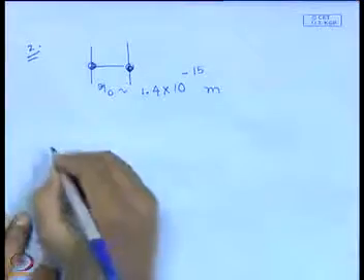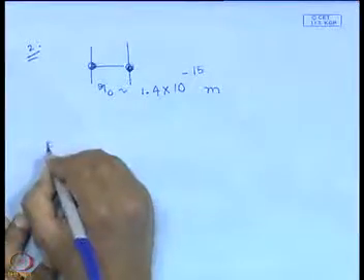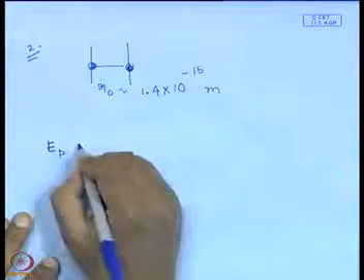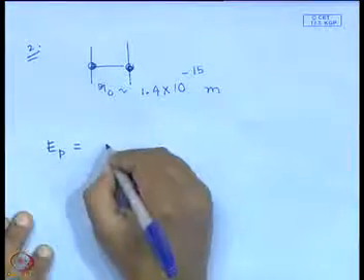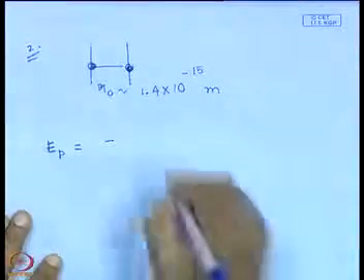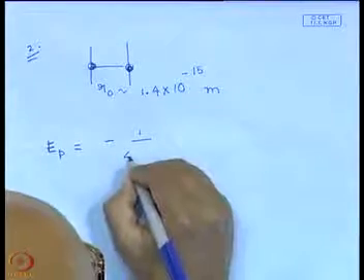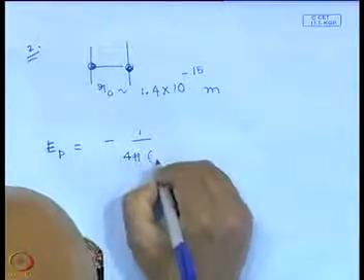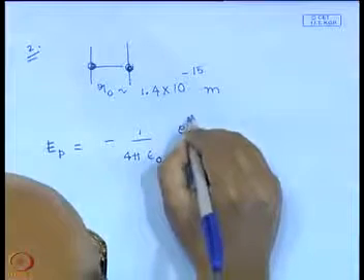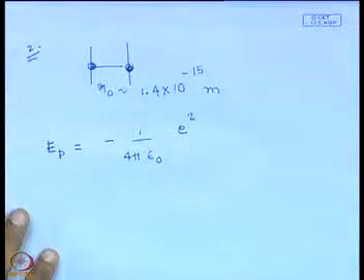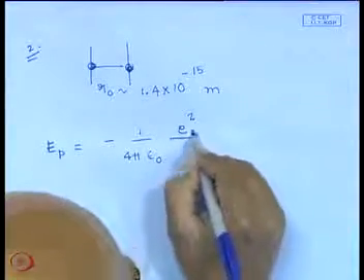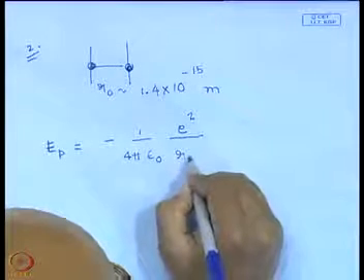So, let us estimate the potential energy of this. So, the potential energy of such a configuration is 1 by 4 pi epsilon naught into the charge of the proton, which is the same as the charge of the electron, e square by r naught.